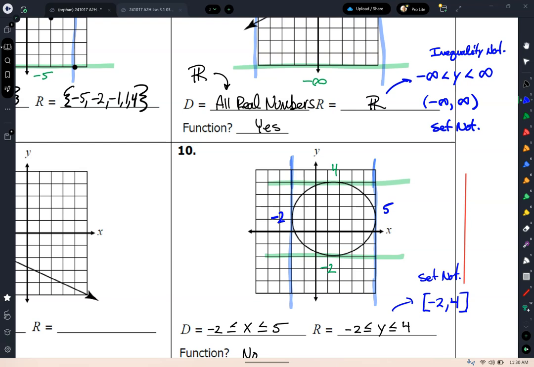What did I do different? Brackets. What do the brackets mean? This means it's included or equal to. This means it's included or equal to.